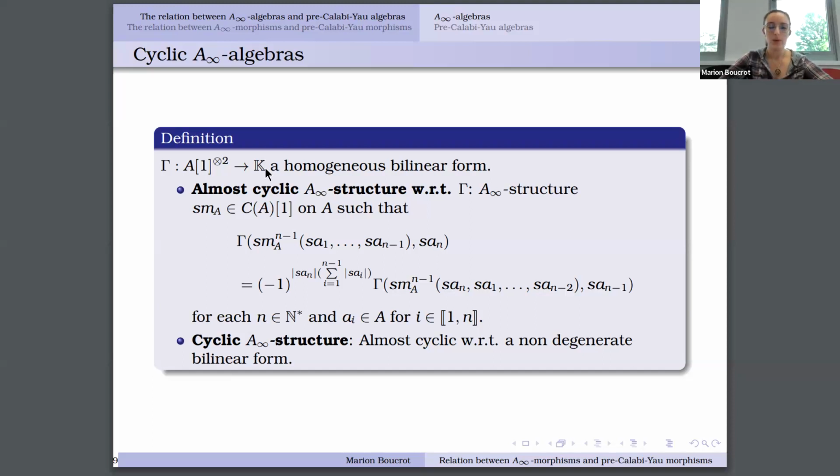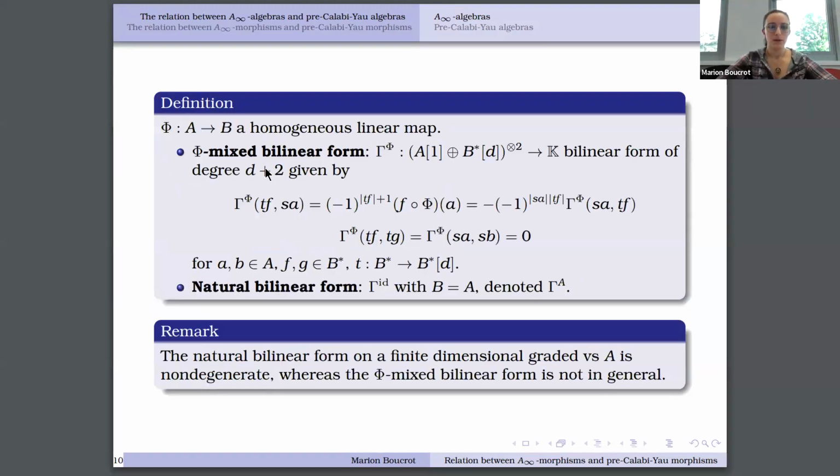So I will work with particular bilinear forms that will be skew symmetric by construction. Namely, if I take a homogeneous linear map phi from A to B, where A and B are graded vector spaces, I will define the phi-mixed bilinear form, this bilinear form gamma phi, which is of degree d plus 2, and which is given like this. If I have an element of B star and an element of A, gamma phi is just, up to a sign, this evaluation.